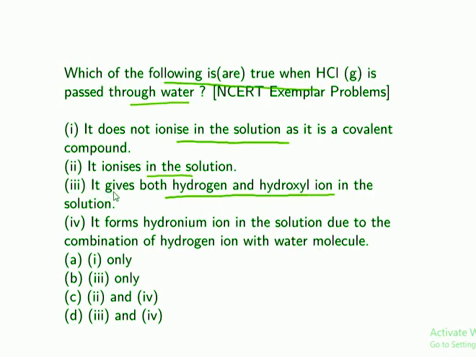Giving both hydrogen and hydroxyl ions is the wrong answer, and it ionizes in the solution, meaning it ionizes itself, is correct. The first option, does not ionize, is totally wrong, and the third is also wrong. It forms hydronium ion in the solution due to combination of hydrogen ion with water molecules. So the second and fourth are correct. So option C is correct.